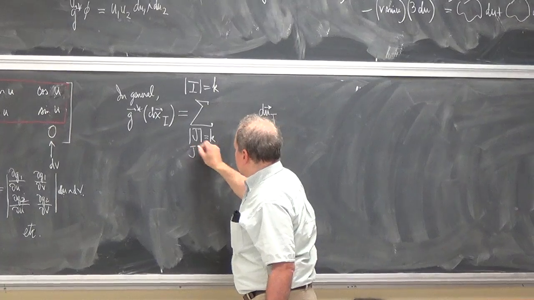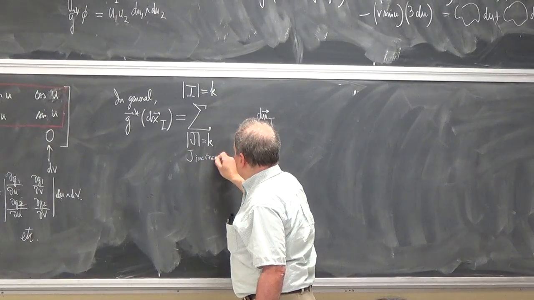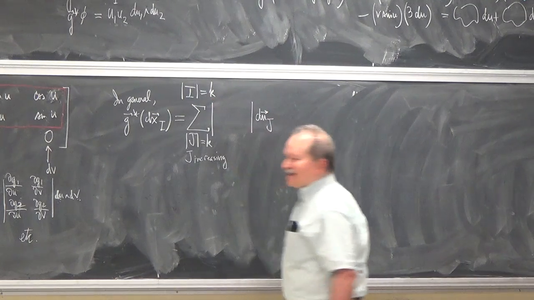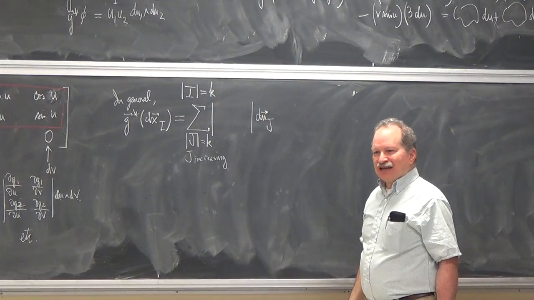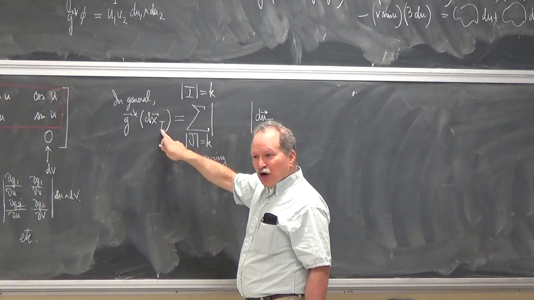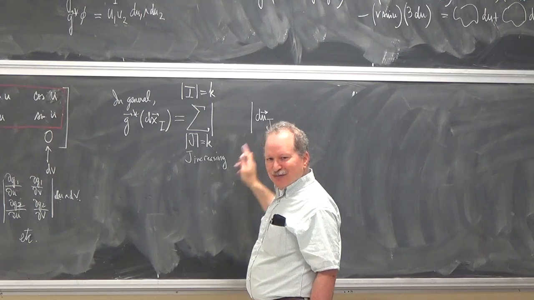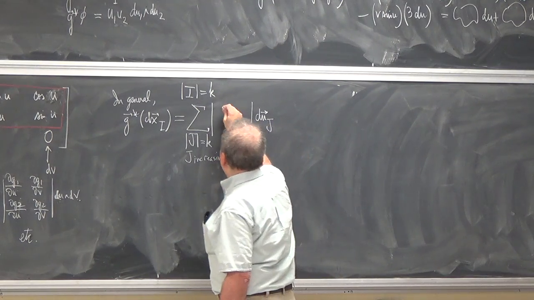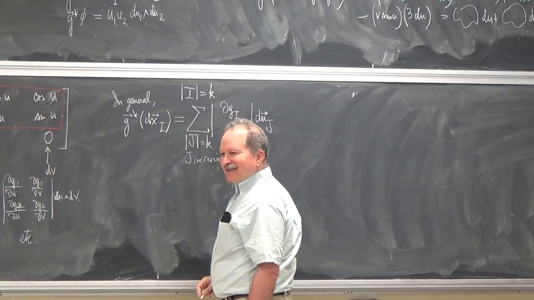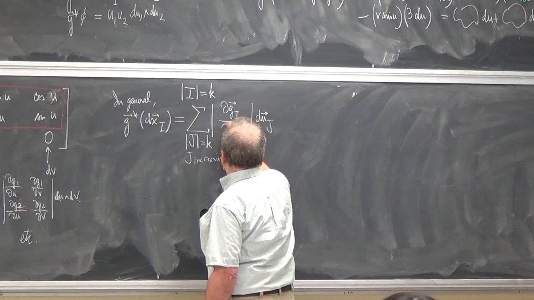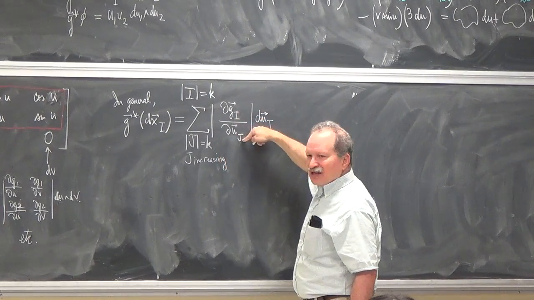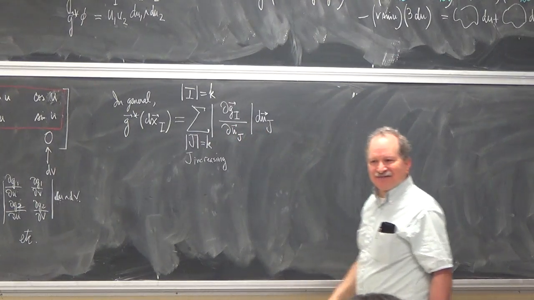And I'm actually going to say J increasing here, so it's a basis. And what goes here as the coefficients is the determinant of the square matrix you get by using the I rows and the J columns. So I'm going to call that the matrix dg sub I with respect to u sub J. And there are k of these and k of these, and you get the sum of those.